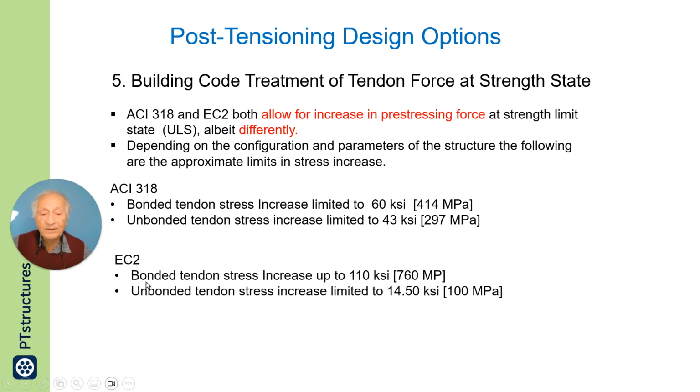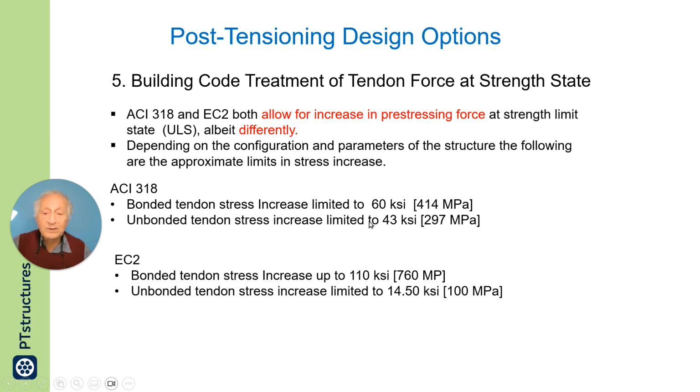EC2 for bonded allows 110. Compare the two. For the same structure, EC2 allows almost twice for bonded. For unbonded, EC2 allows only 14.5 compared to 43. What is going on? How come across the ocean there is such a difference in understanding of how structures behave? It implies, as far as I'm concerned, that there are other elements.